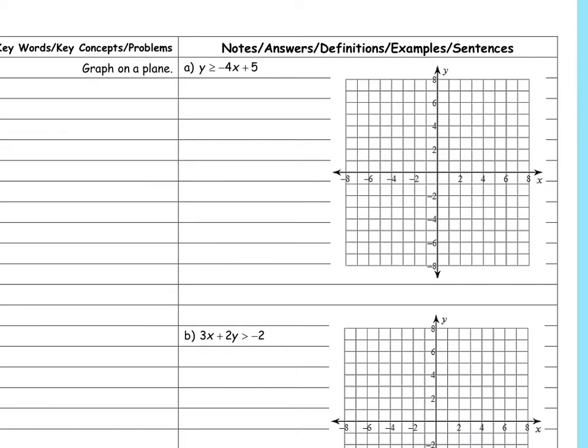So, let's see. My slope is -4/1. Y-intercept is 5.